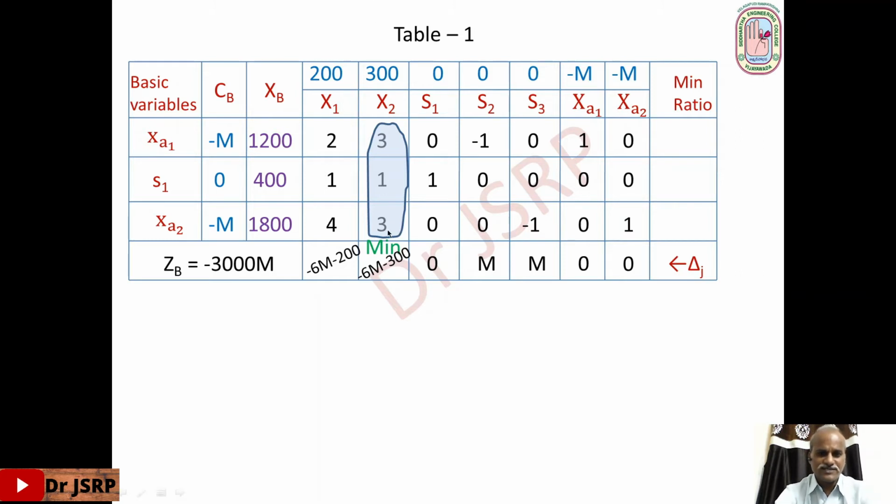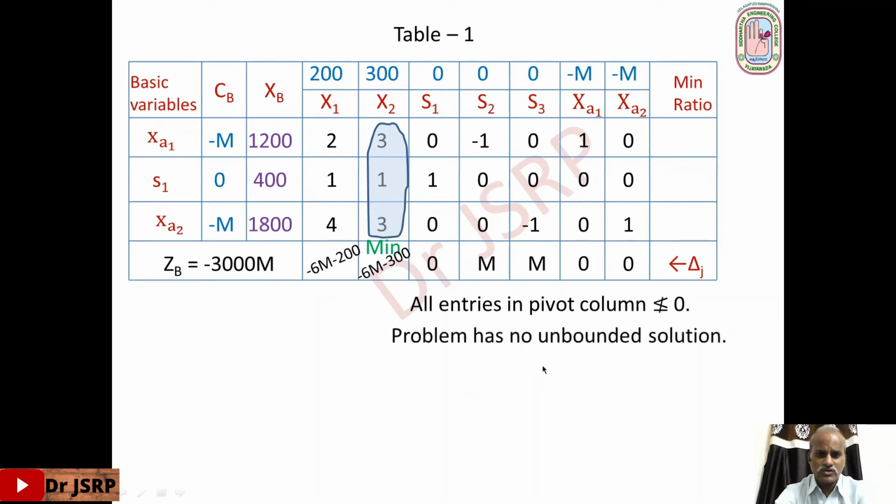So 3, 1, 3. All the entries in the pivot column are positive, that is, not less than or equal to 0. So the problem has no unbounded solution. Right. So we can find the leaving basic variable. Only if the problem has no unbounded solution can we find the leaving basic variable.